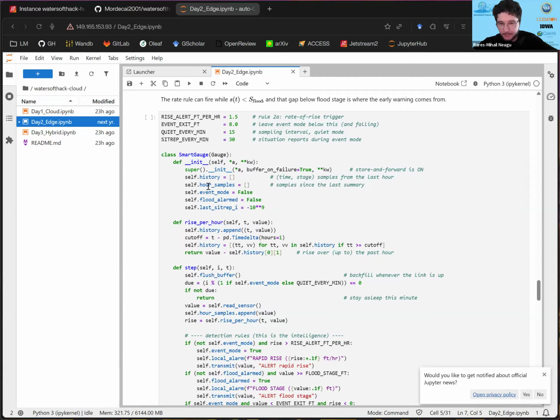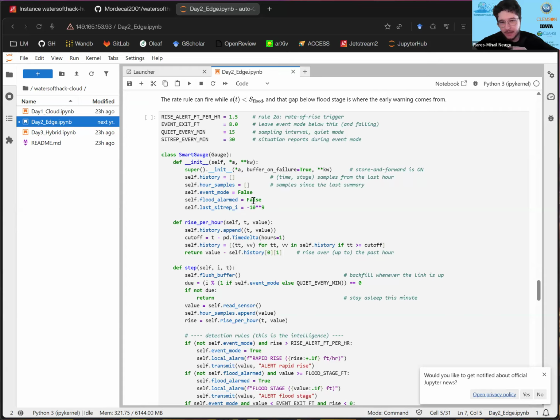So now we need a history. We need the hourly samples. We need a Boolean variable, which means true or false. We should have a flood alarm and some other not so important things. So these are attributes on top of the Gauge class.